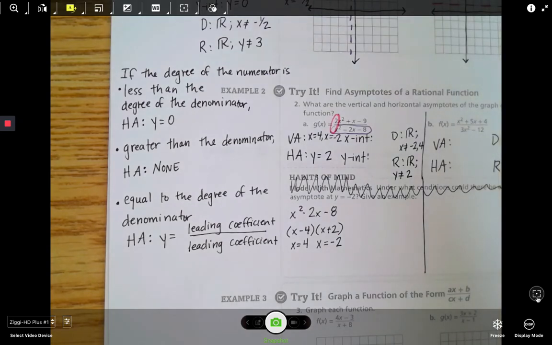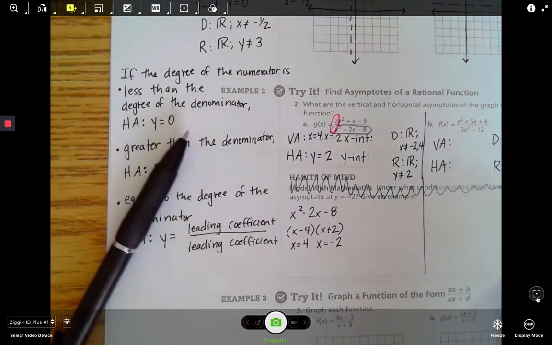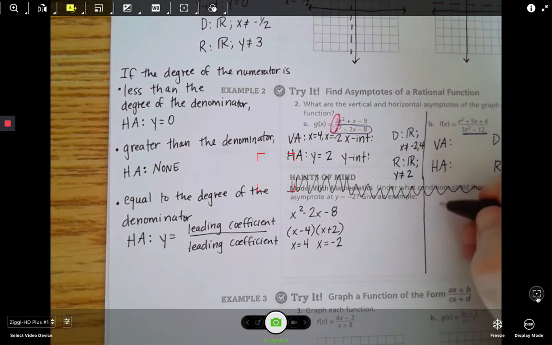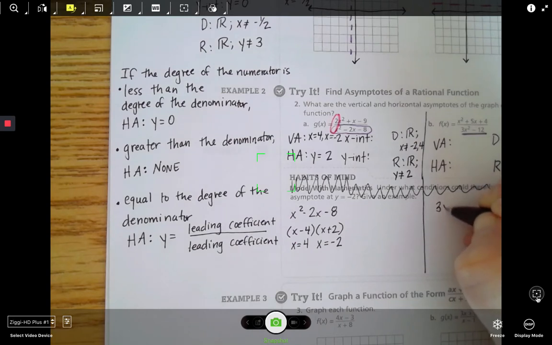All right, B. Vertical asymptote comes from our denominator, right? So I'm going to say 3x squared minus 12, and I'm going to set it equal to 0, so I can say 3x squared equals 12. X squared equals 4.